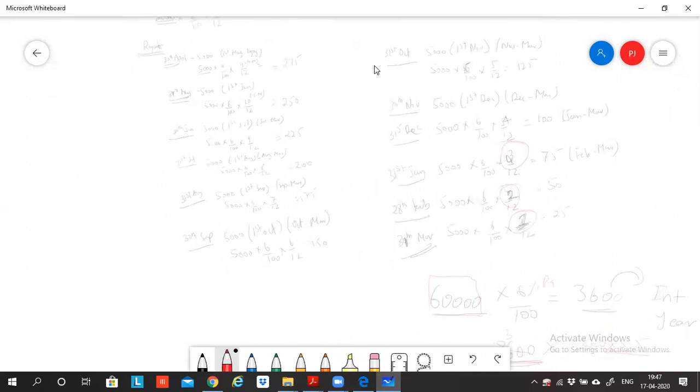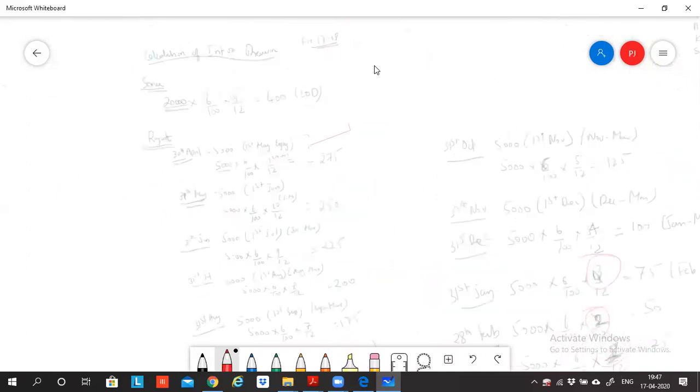Whenever either the amount is not fixed, or the period is not fixed, if any one is happening, then you have two methods.